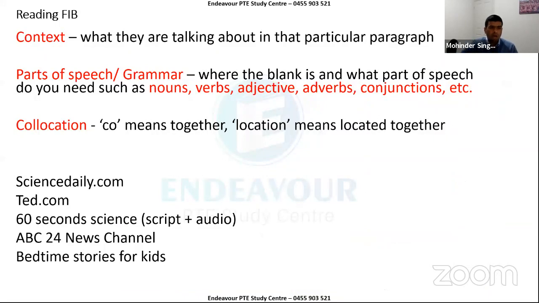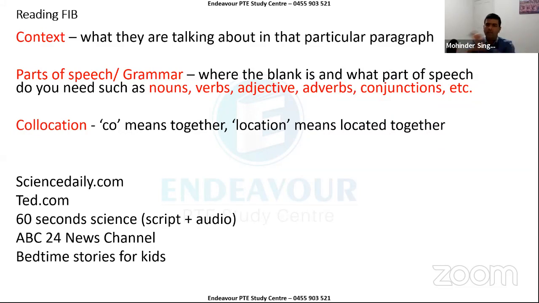Now, when we are doing fill in the blanks, we are supposed to understand three things. So first thing is the context. We need to understand what is the context of the passage, because if you understand the context, it would be easier for you to have the right choice of the words, because the word choice depends on what you want to write or what you want to speak.